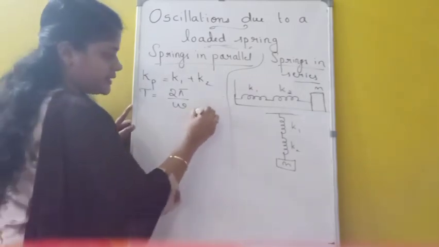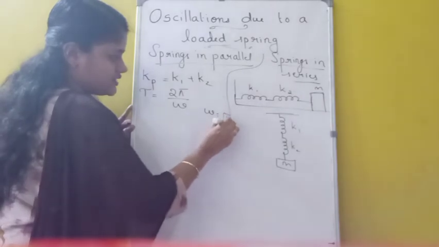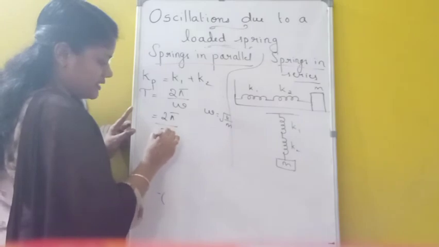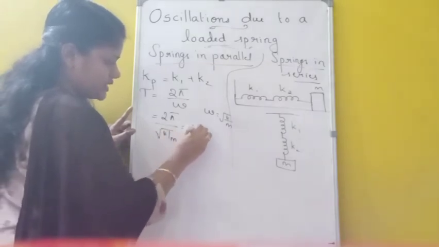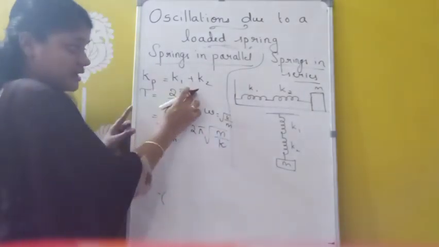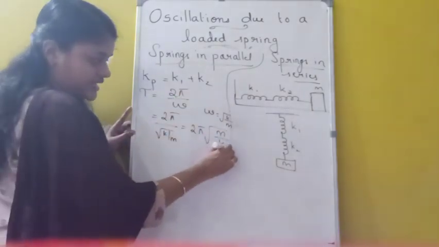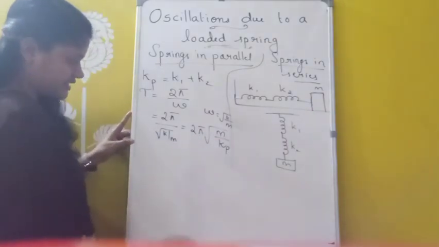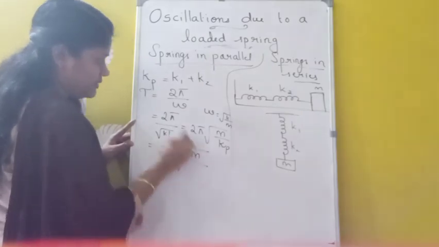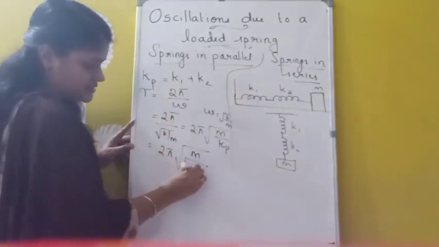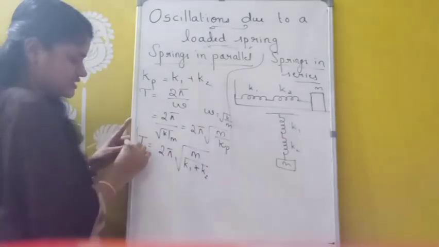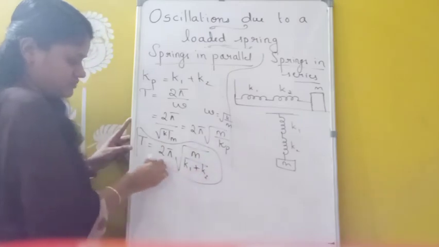Omega equals root of K by M. That means we can write 2 pi divided by root of K by M, or 2 pi into root of M by K. But in the case of parallel combination, instead of K I am writing KP, parallel combination. So we can write 2 pi into root of M divided by K1 plus K2. So this is the time period of oscillation in the case of parallel combination of springs.